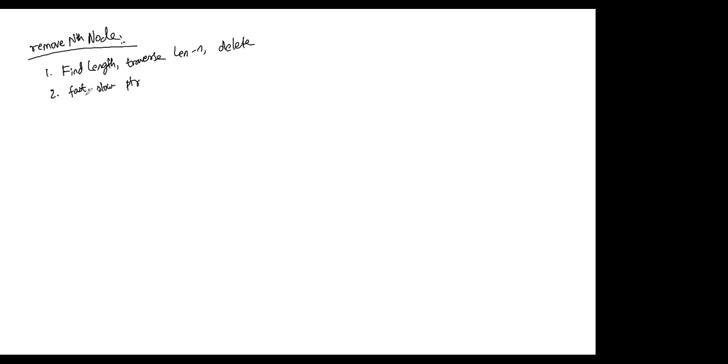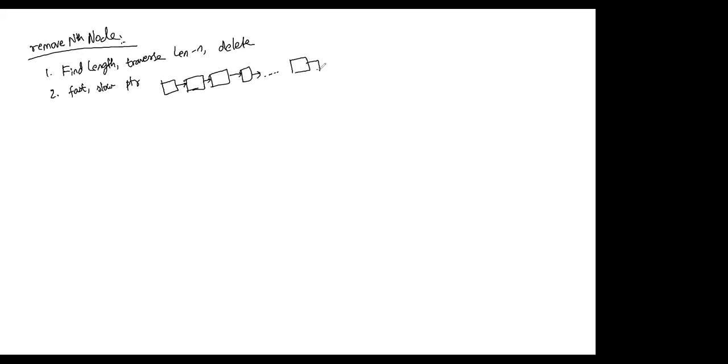Then we create a loop that runs while fast dot next is not equal to null, and we keep on increasing fast to fast dot next and slow to slow dot next.